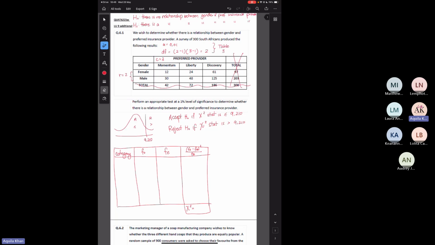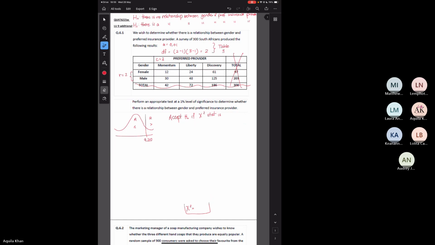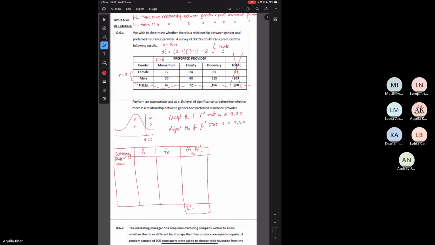And we are starting with female. So I'm going to say female here at the top. And then it was momentum. Momentum, and that first value was 12, as you can see here. So we're going to write in 12 in line with FO.